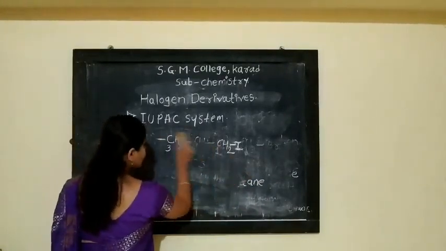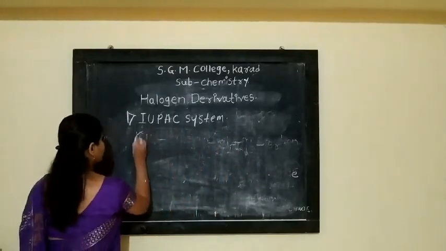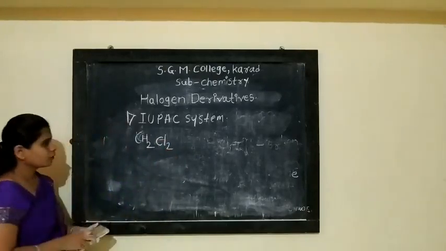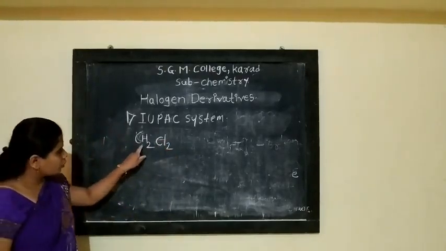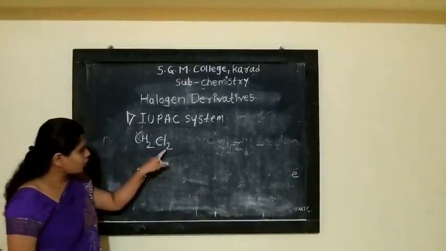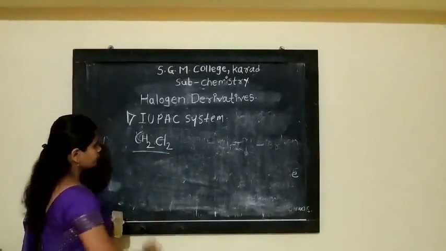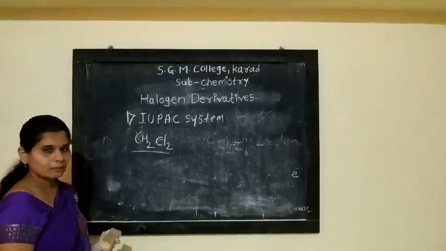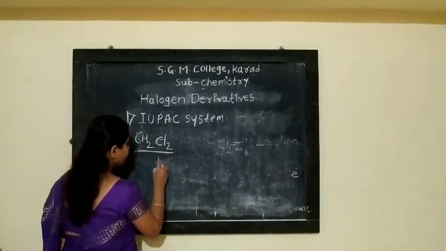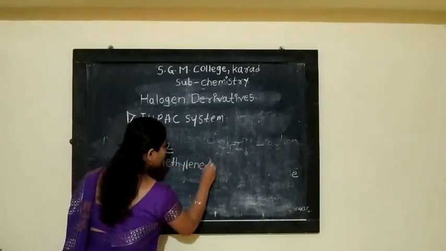Here I take another example. CH2Cl2. Here 2 hydrogen atoms of this methane group are replaced by chlorine. So what is the common name of this compound? Methylene dichloride.